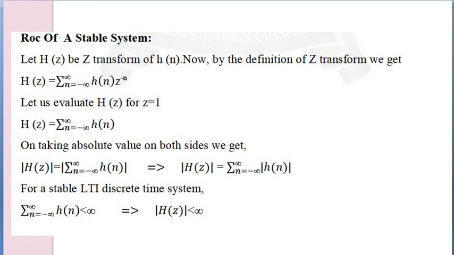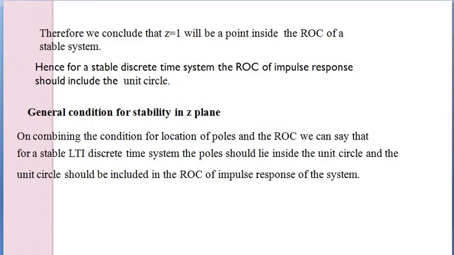For a stable LTI discrete time system, the impulse response h(n) should be absolutely summable and the transfer function magnitude should be less than infinity. Therefore, we conclude that z equal to 1 will be a point inside the ROC of a stable system. Hence, for a stable discrete time system, the ROC of the impulse response should include the unit circle.